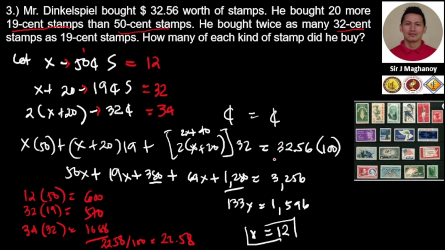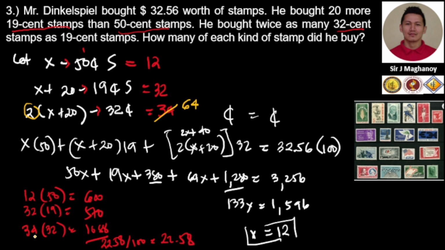Okay, let's check. So here that should be times 2. So this will become 12 plus 32 times 2. That should be 64.